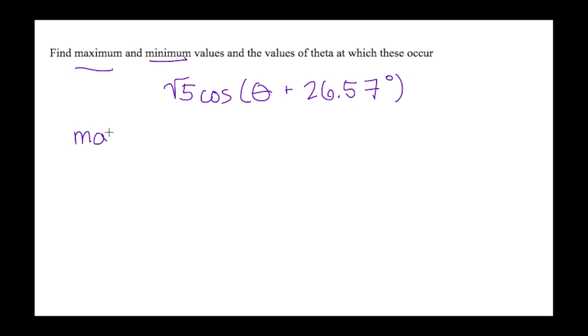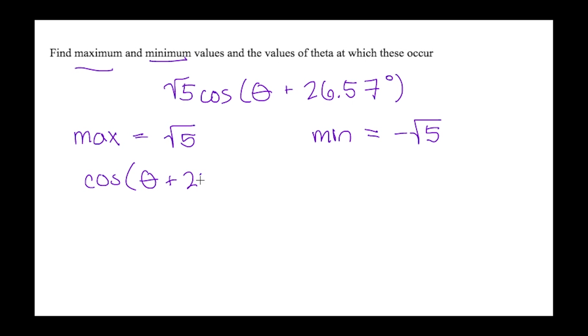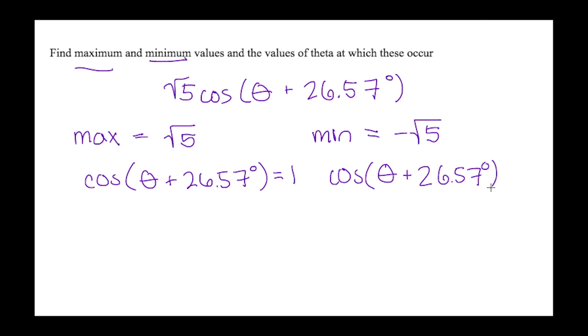So the maximum value is going to equal positive R, and the minimum value will equal negative R. In order to find the theta at which these occur, we have to set cosine of theta plus 26.57 degrees equal to +1 for the maximum, and set it equal to -1 for the minimum.